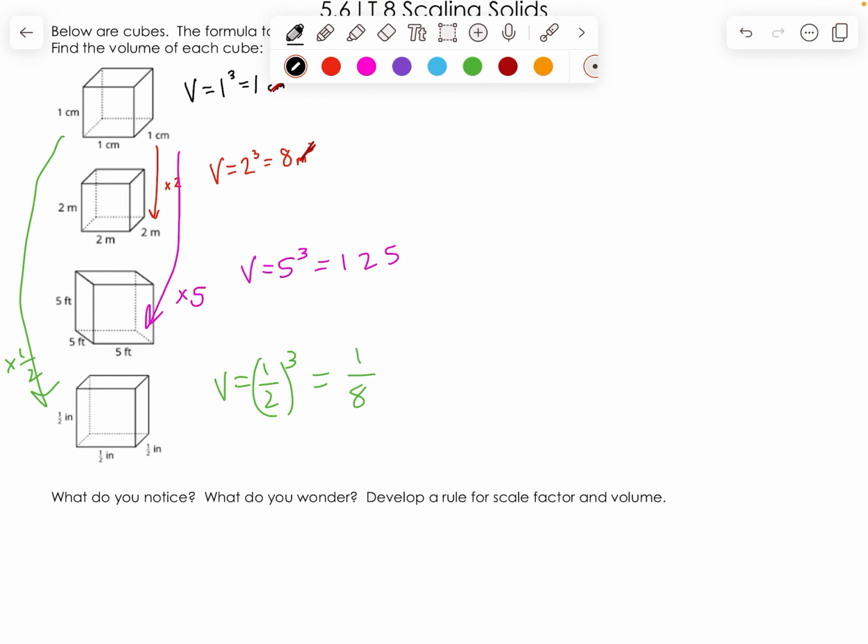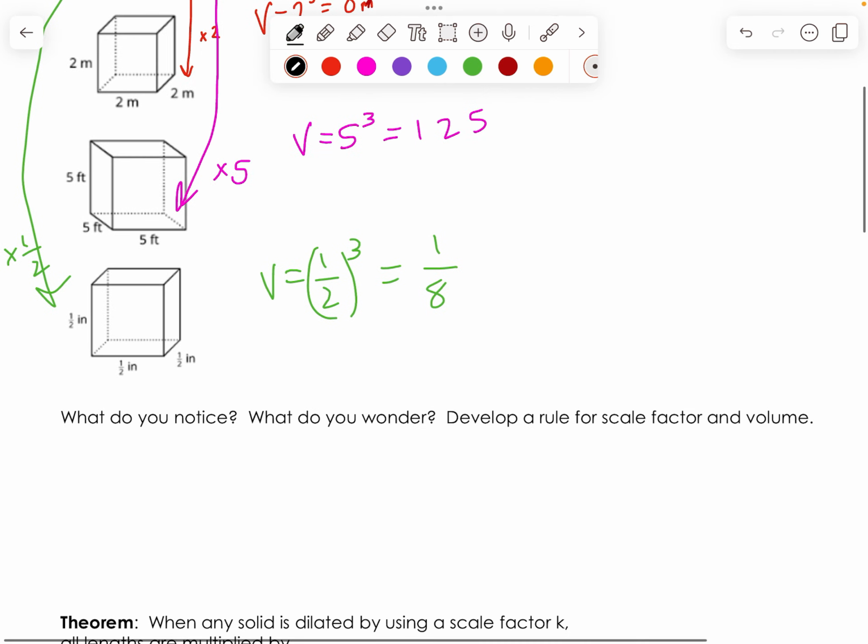So, developing a rule. Scale factor, we use K. We have scale factor.